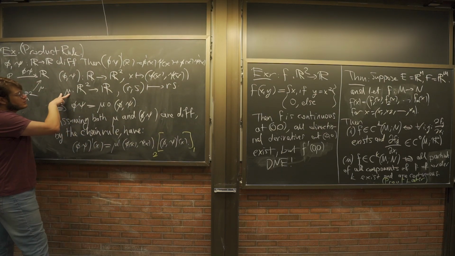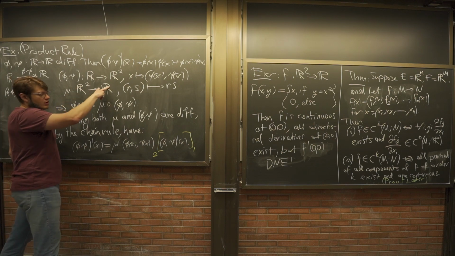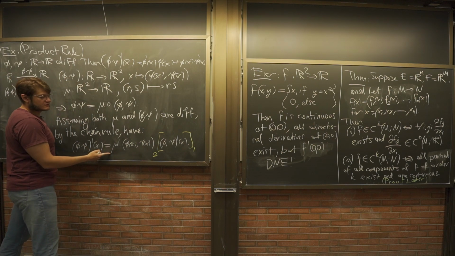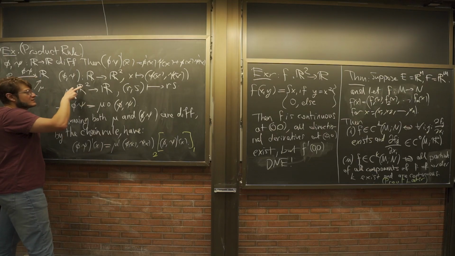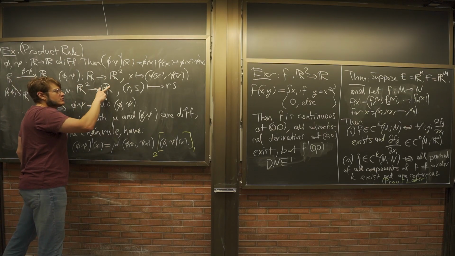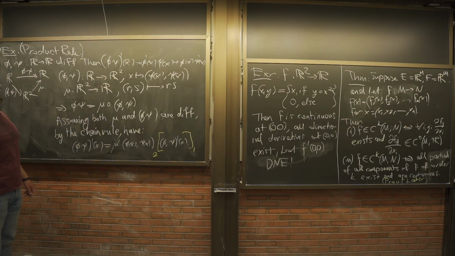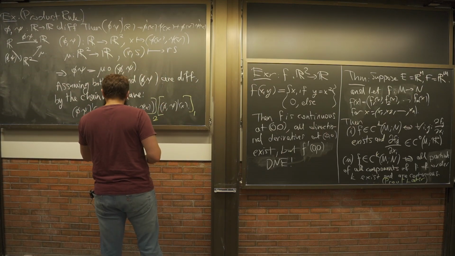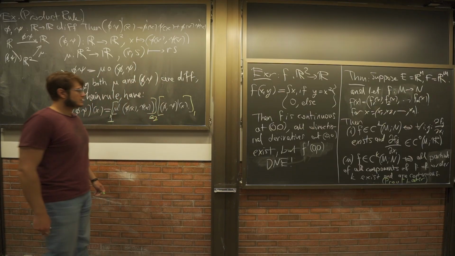Similarly, mu goes from R squared to R. Insofar as this derivative exists, again, it has to be a linear transformation from here to there, which means that it should be a 1 by 2 matrix. Okay.